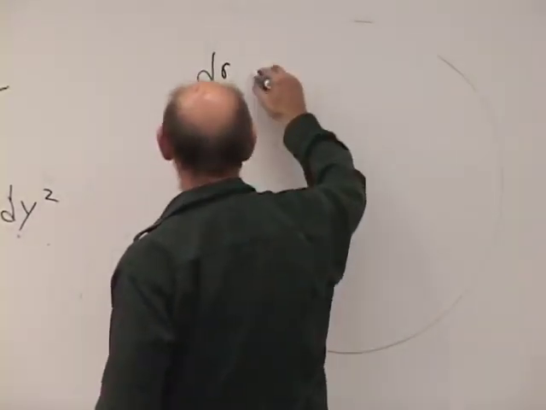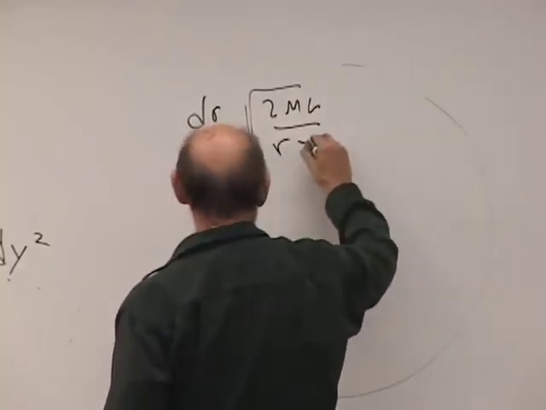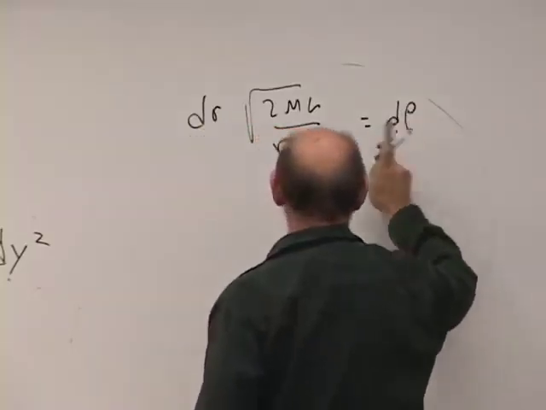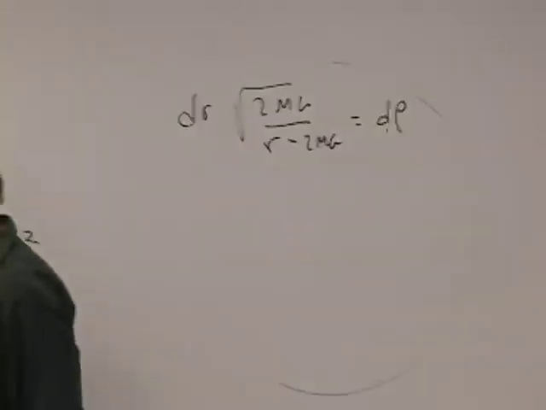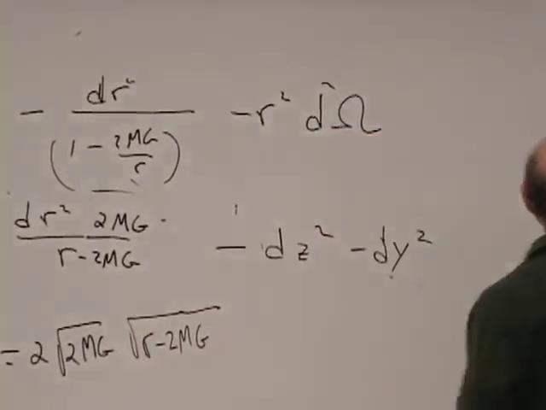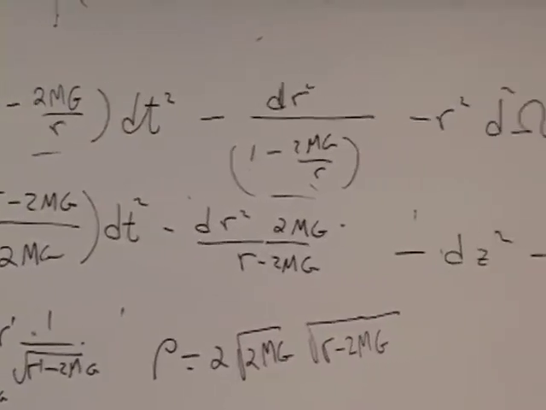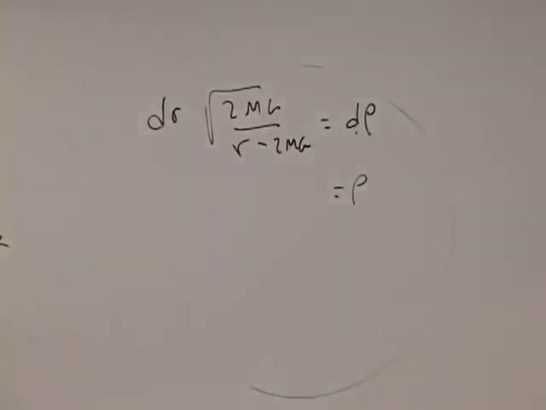Dr times the square root of 2mg over r minus 2mg equals d rho. Definition of d rho. I took the square root of this, and then I integrated to find out that rho was nothing but, where is it? Here it is.